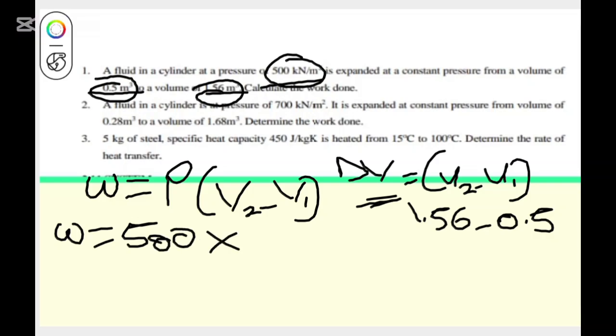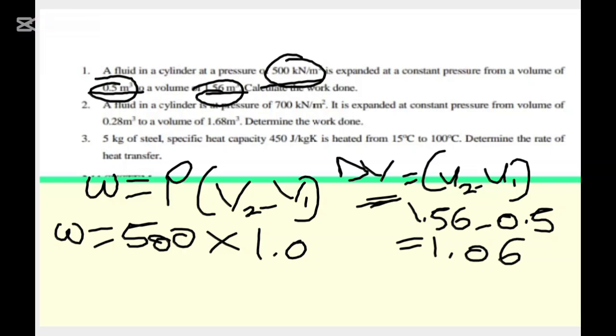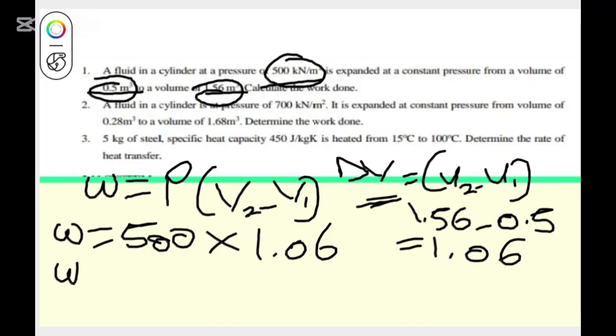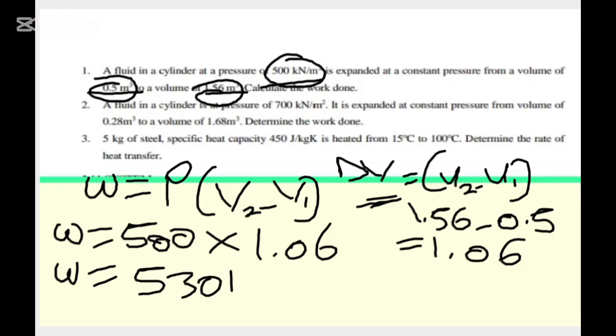multiplied by, what will be the solution of this? 1.56 minus 0.5 is the same thing as 1.06. So multiplied by 1.06, and the work done should now be equal to 530 kilonewton meter.